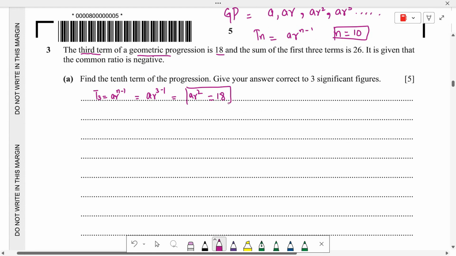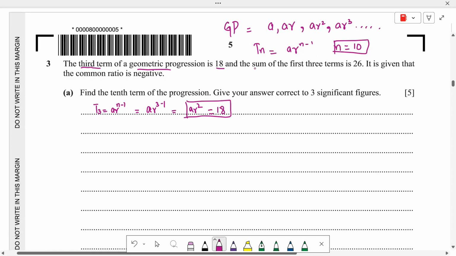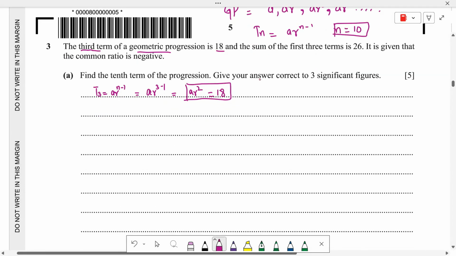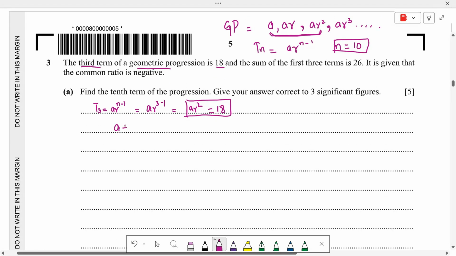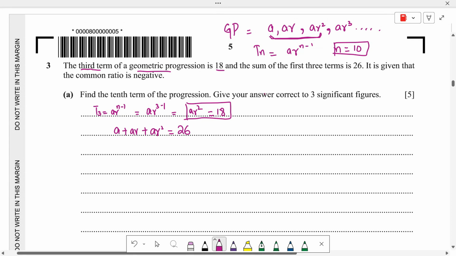Also, the sum of the first three terms is 26, so a plus ar plus ar square equals 26. So we have two pieces of information and we need to find the 10th term.